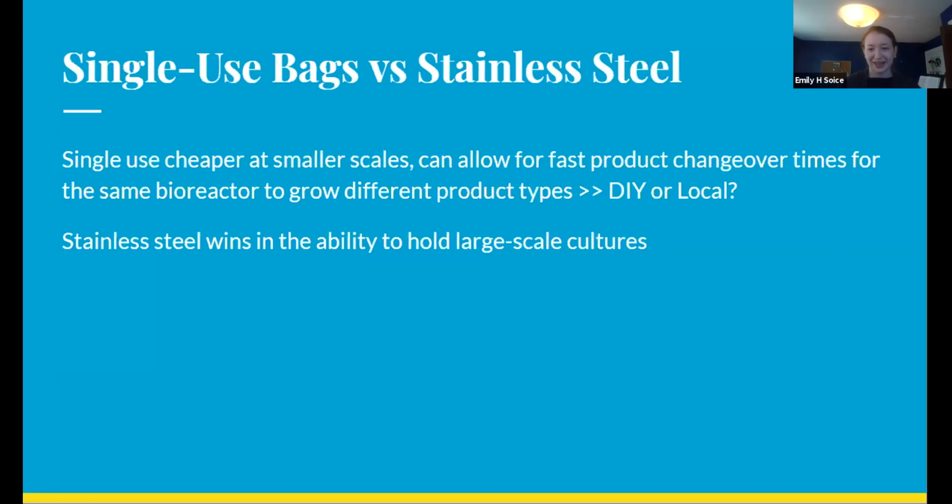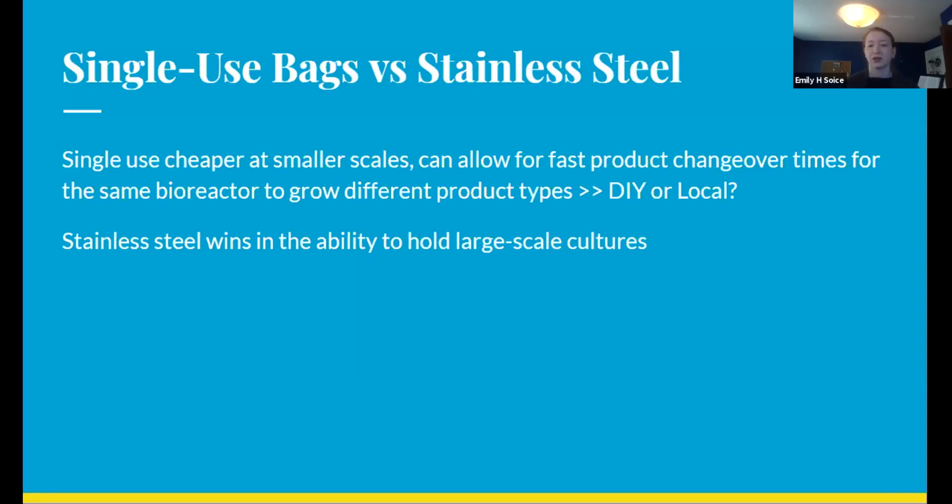So a different way that you can categorize bioreactors is whether you're thinking about a single use or a stainless steel, reusable bioreactor. So single use is cheaper at smaller scales. It means that you don't have to clean out your bioreactor between uses, so it allows for faster production time.